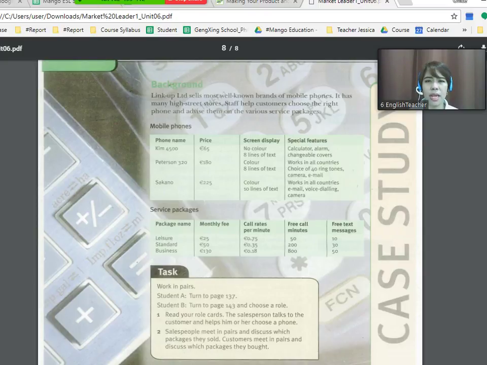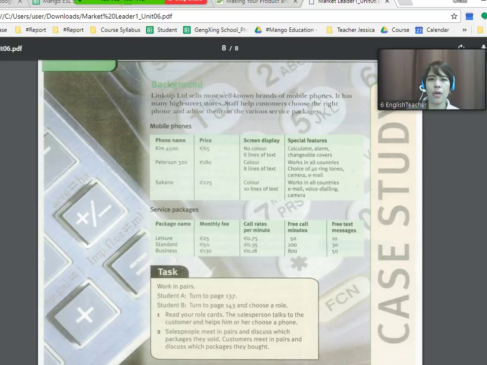Okay, so the phone names that we have there are Kim 4500, Peterson 320, and Sakano. And for the price, we have 65 euros, 180 euros, 225 euros. For the screen display, or what we call the features, it can also be special features.